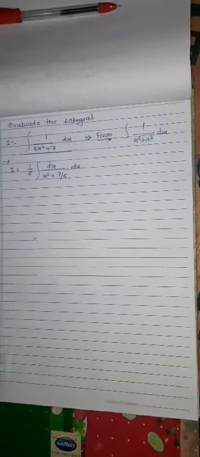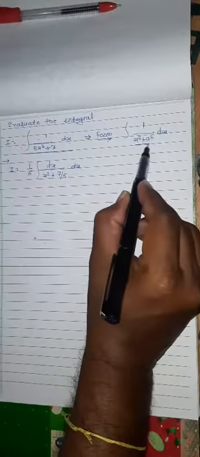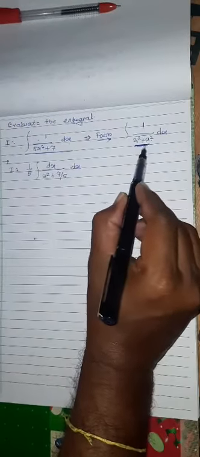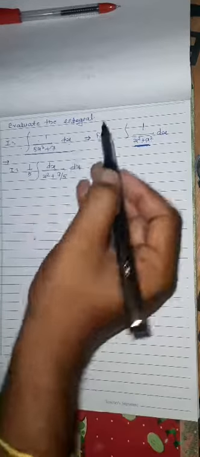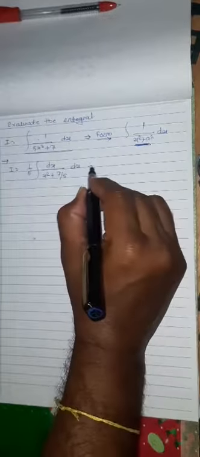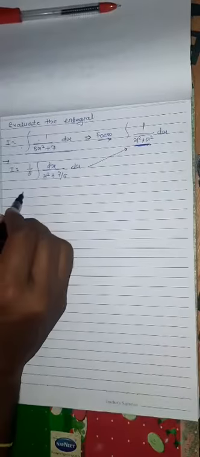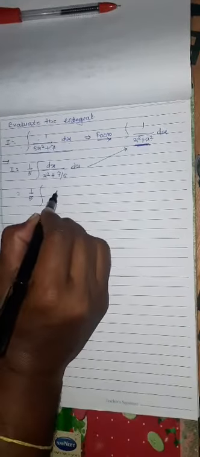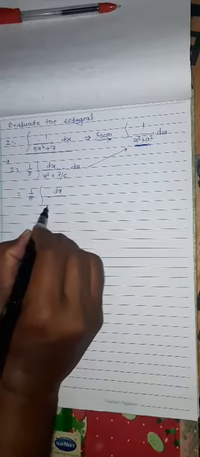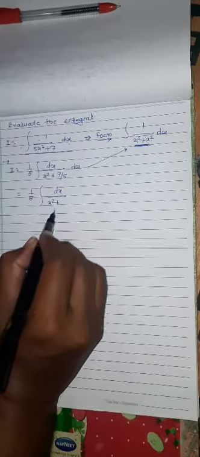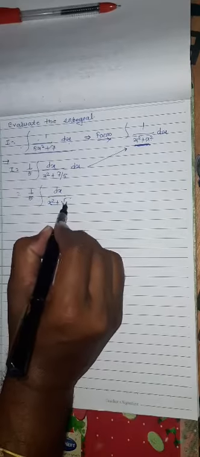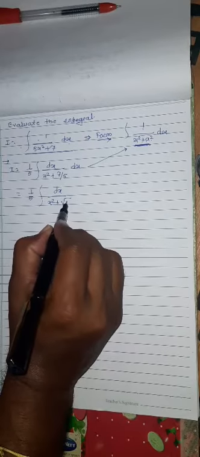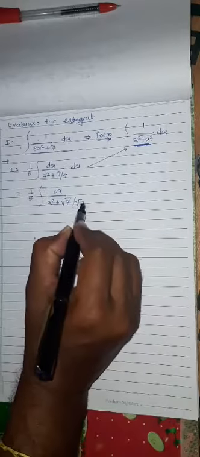This is not yet of the required form, so we have to write this integral again in this form: 1 upon 5 integration of dx upon x square plus the square of under root of 7 divided by under root of 5.